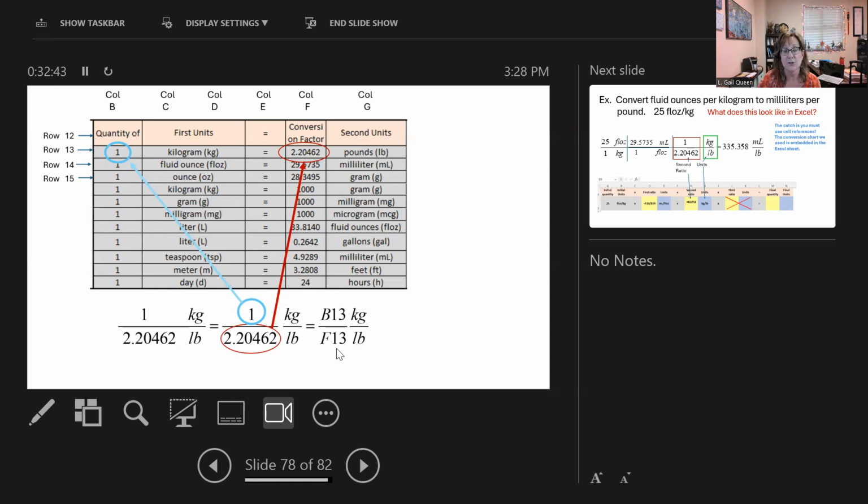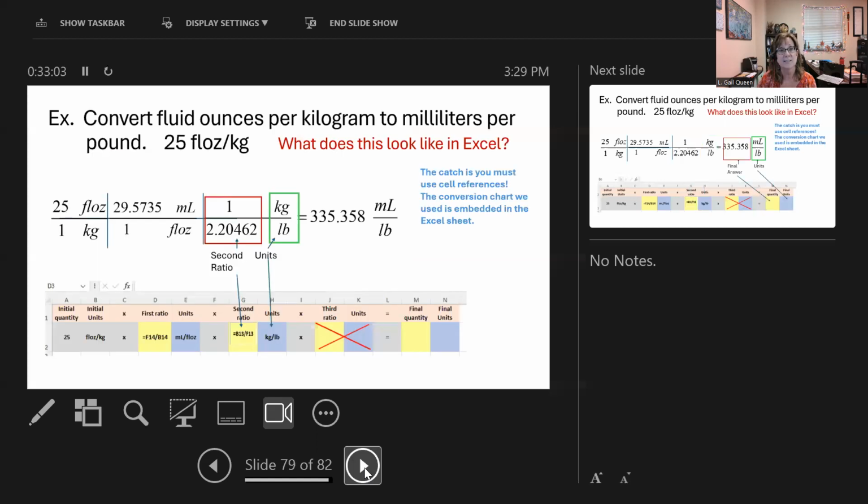So you've got to make sure that you put the numerator cell on the top and the denominator cell on the bottom. I have a lot of students that do this project or do the topic 2 discussion questions, and they accidentally type the cell references upside down. So just make sure that you're following and putting the cells in the right place. So for this second entry, we're going to put equals B13 divided by F13.